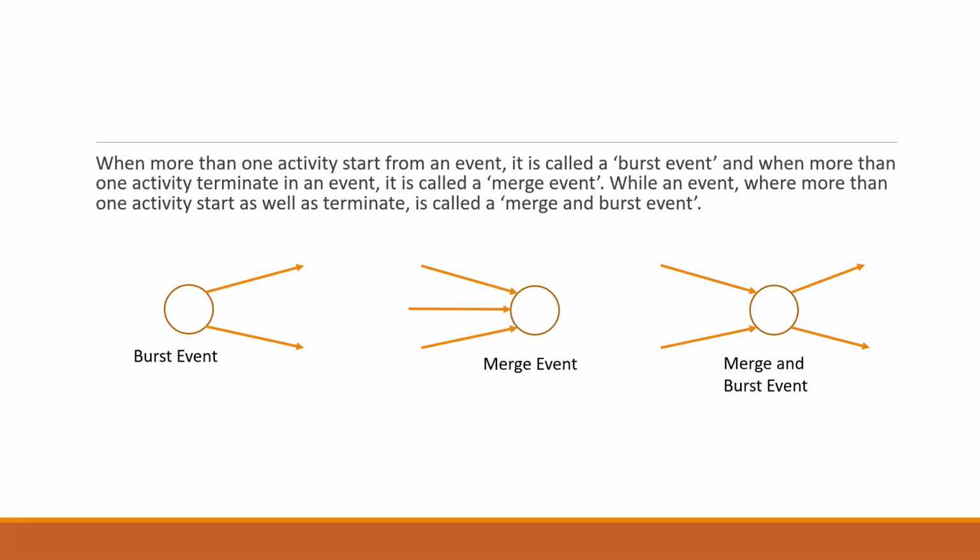The second point: there are actually two ways of drawing your network diagram. One is arc based and the other is node based, where the activity is shown inside the circle. The second is where we present the activity on the arc. The arc is nothing but this arrow which we have shown.